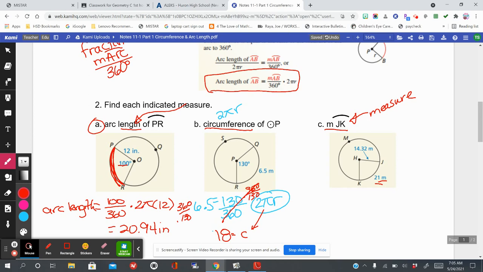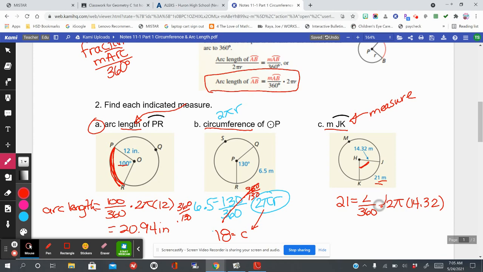All right, C, your arc measure. So arc length here, 21. So we have 21 equals our central angle, which we don't know, divided by 360 times 2 pi times our radius. So now we are finding that angle.